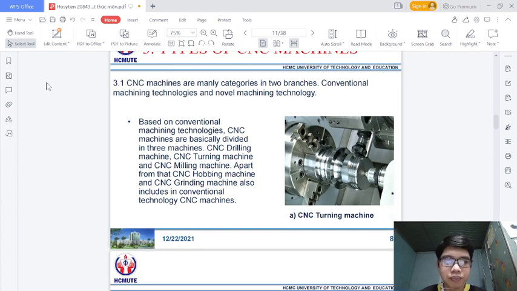Based on conventional machining technology, CNC machines are basically derived into three machines: CNC drilling machine, CNC turning machine, and CNC milling machine. Apart from that, CNC hobbing machine and CNC grinding machine are also included in conventional technology CNC machines.